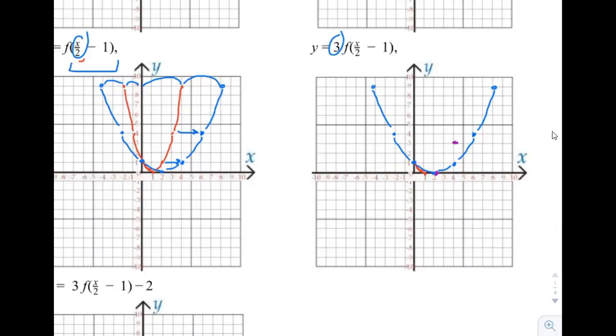So instead of 1 high, it's going to be 3 high. And this one too. And then negative 2, 4, that's going to end up being negative 2, 12, which is off the screen. And this one is going to be 6, 12, also off the screen. Okay, so now it became kind of a narrower parabola, right?